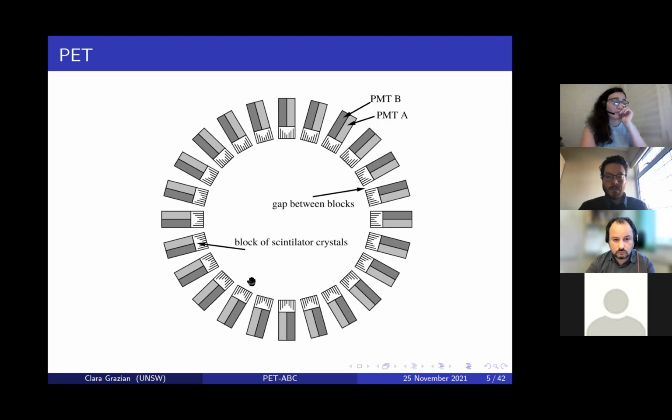So we have a PET camera, which is organized in 24 block detectors, and each of these blocks has two photomultiplier tubes, which are attached to a crystal that amplifies the signal and allows localization of the interaction.